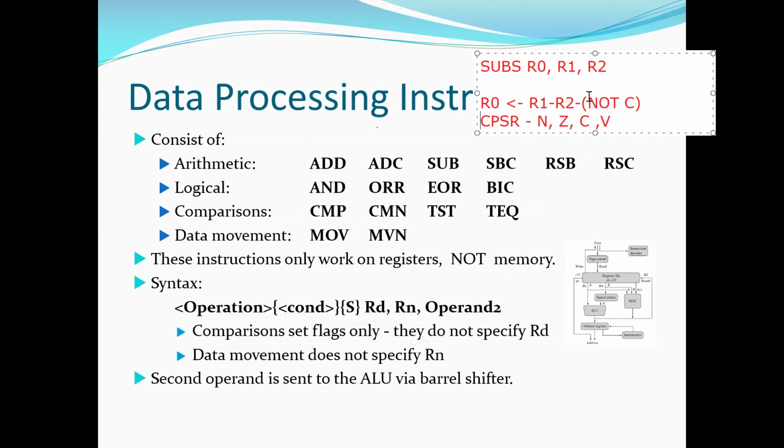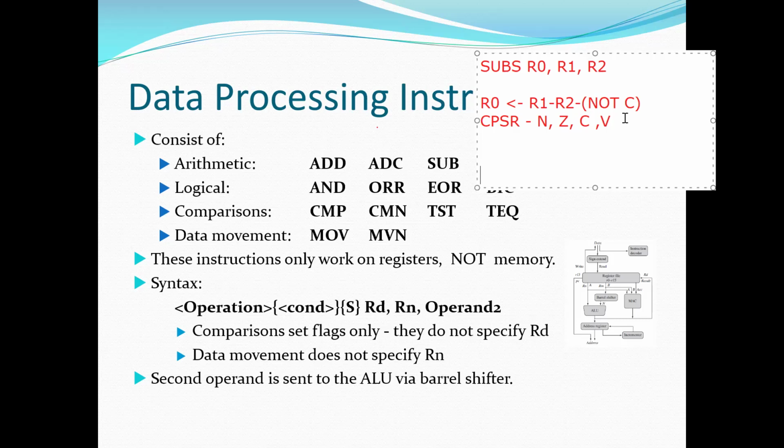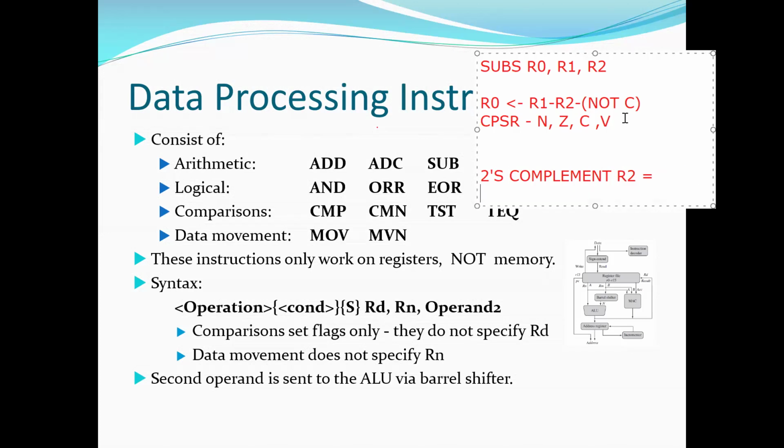It is 2's complement addition. When you want to perform subtraction of R1 minus R2, how is it actually doing it? It first performs the 2's complement of R2, which gives me minus R2.